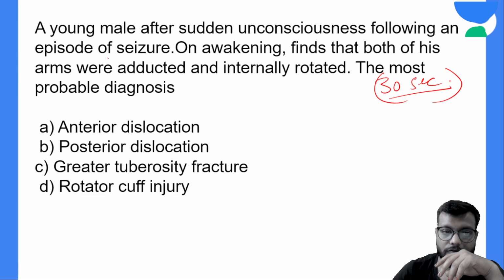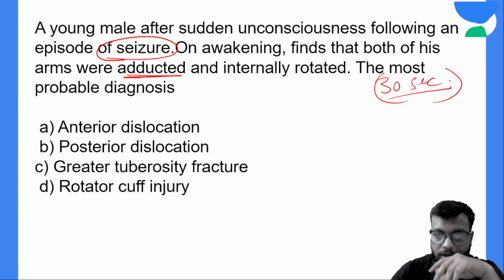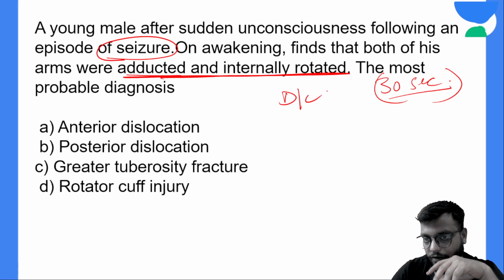Okay, episode of seizure, both arms were adducted and internally rotated, means dislocation of the shoulder.